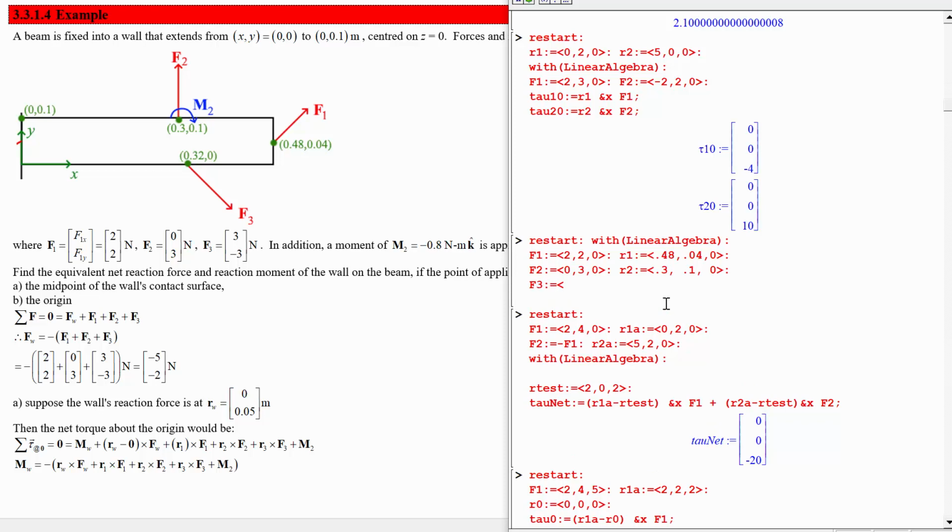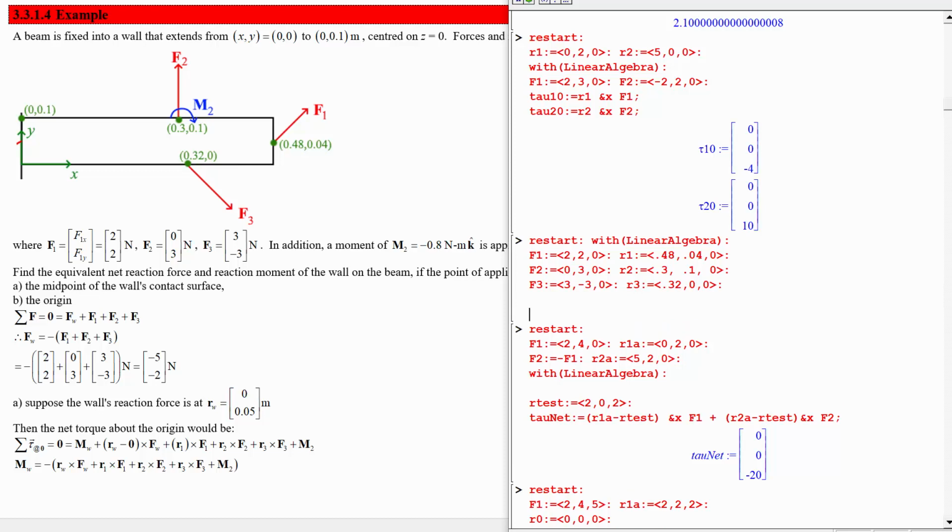F3 is 3, negative 3, 0, and is located at R3, which is 0.32, 0, and 0. Let's double check this. F1, 2, 2, 0; F2, 0, 3, 0; F3, 3, negative 3, 0; and the positions 0.48, 0.04, 0 for 1, 0.3, 0.1, 0 for 2, and 0.32, 0, 0 for 3.